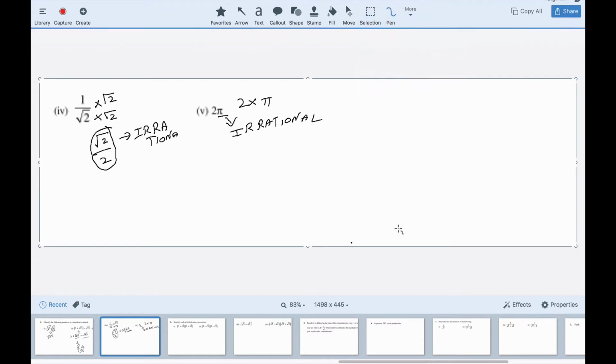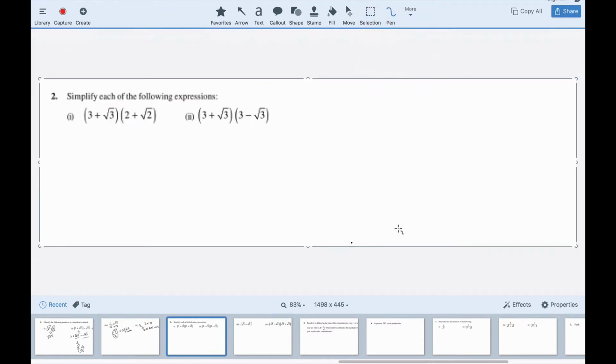Moving to the next question. Now we have to simplify each of the following expressions. Now in this, we can simply use the double distributive property. First, I will multiply 3 with whatever is inside the bracket. Then I will put an addition sign as there is an addition sign here. Then I will multiply root 3 with whatever is inside the bracket.